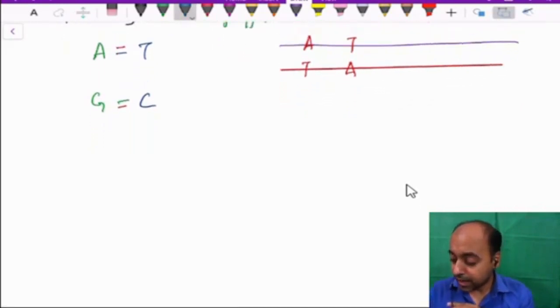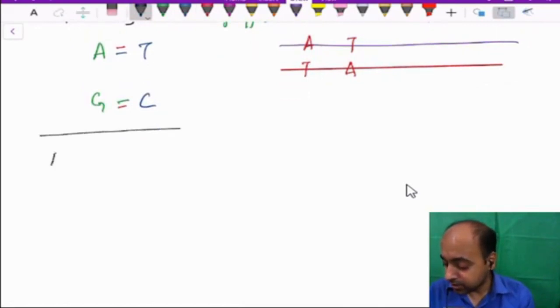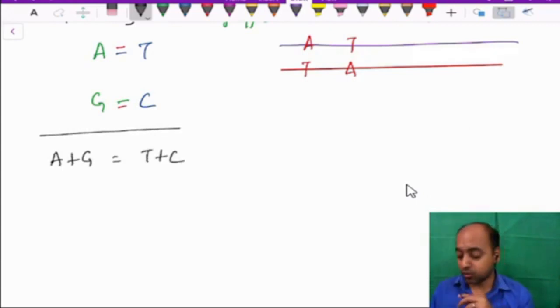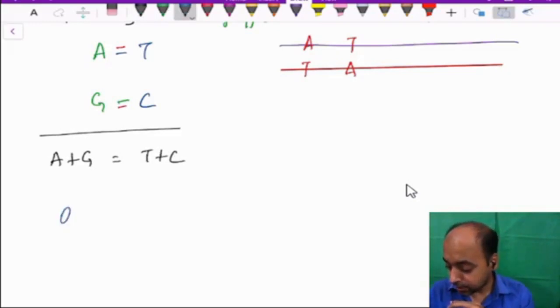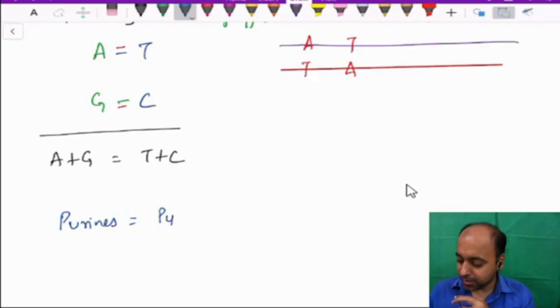If you add the two sides, what you get is adenine plus guanine is equal to thymine plus cytosine. Now you know adenine and guanine are the purines. The thymine and cytosine are the pyrimidines.